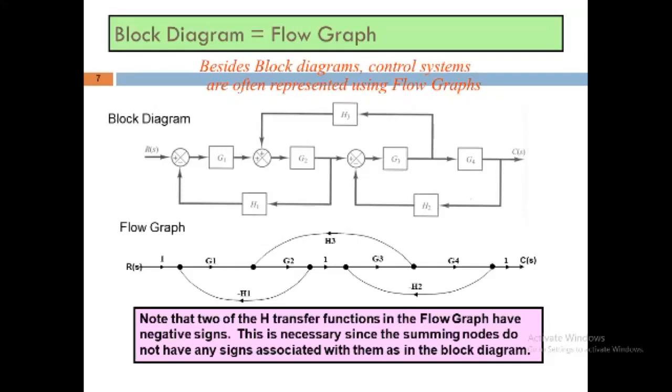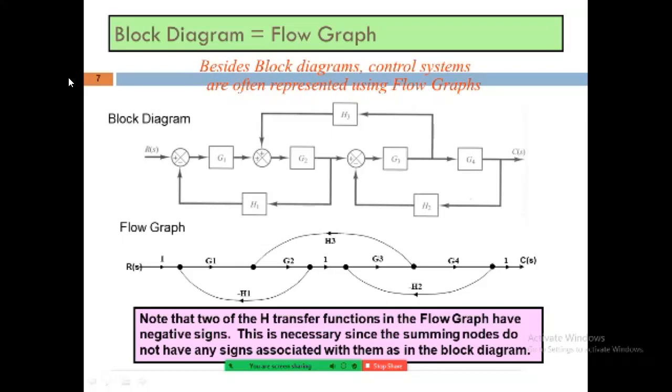See this block diagram. As we discussed previously, G1, G2, G3 and G4 are the forward path, then H1 is the feedback path, H2 is also feedback, and H3 is also feedback. We have to note that two of the H transfer functions in the flow graph have negative signs.